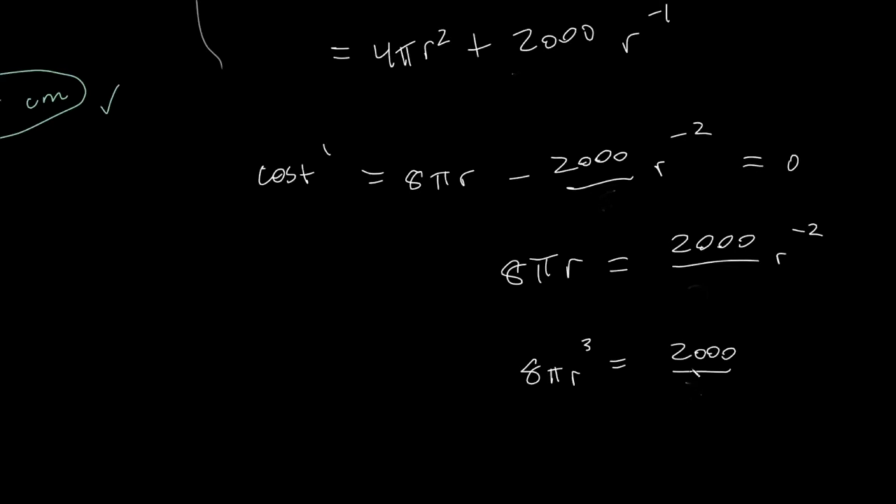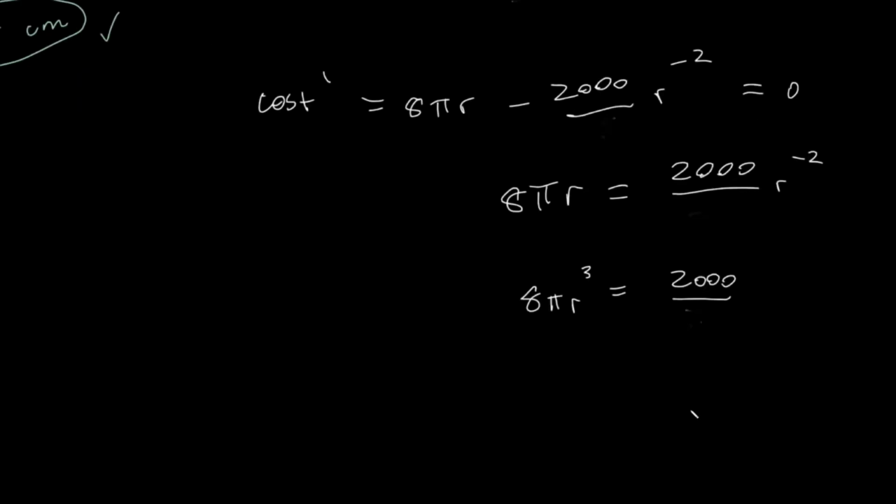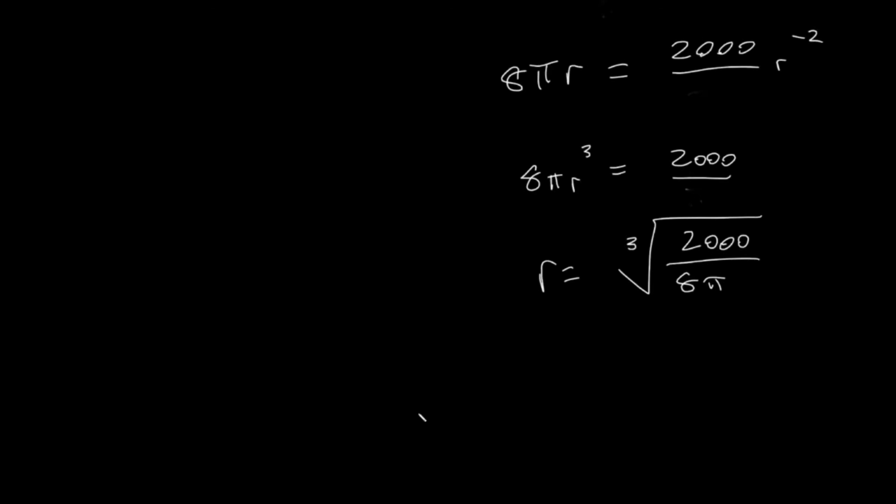So I just want to divide by 8 pi and then take the cube root. So r is the cube root of 2,000 divided by 8 pi. And so we get 4.301 centimeters. And when you put stuff like this in your calculator, you need to be very careful with parentheses, otherwise it'll spit something out that is totally wrong.